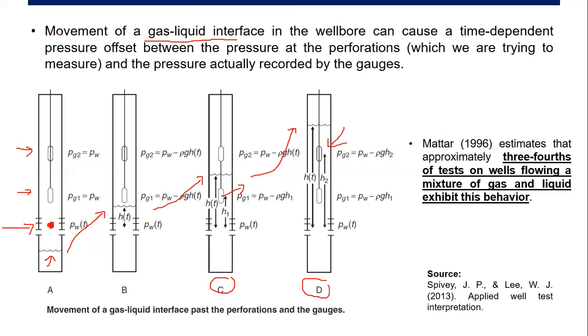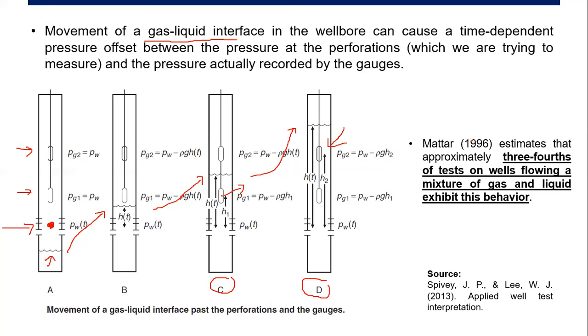Okay, so the movement of gas-liquid interface in the wellbore can cause a time-dependent pressure offset between the pressure at the perforation and of course the pressure at the gauge, because there will be a change in density. Previously, the gauge will be exposed to the density of gas, but after the interface moves up, the gauge will be exposed to the density of liquid. So there will be a time-dependent pressure offset, okay?